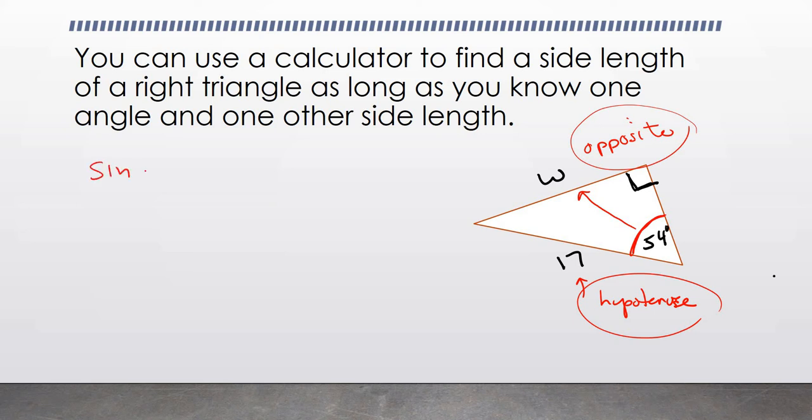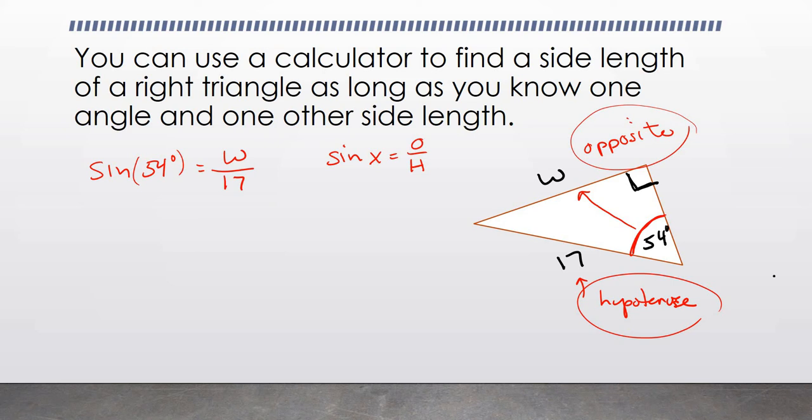The sine of 54 degrees in this case is going to be the opposite W over the hypotenuse, 17. Sine of any angle, we'll use just an X for a general, is the opposite over the hypotenuse.